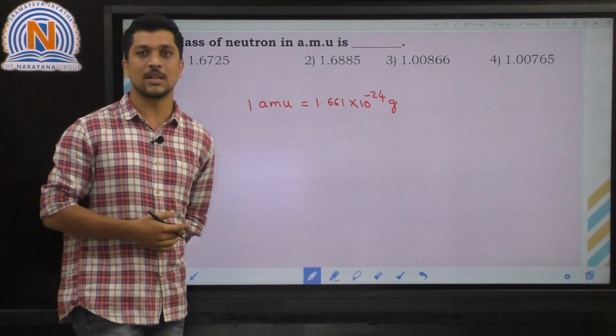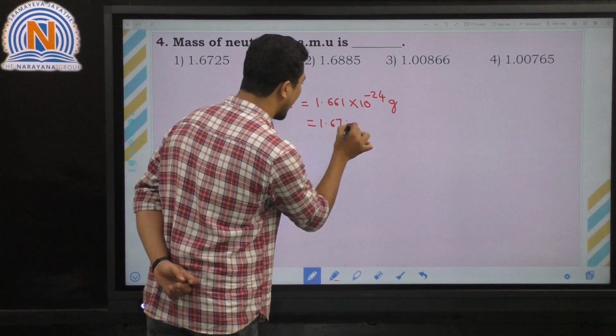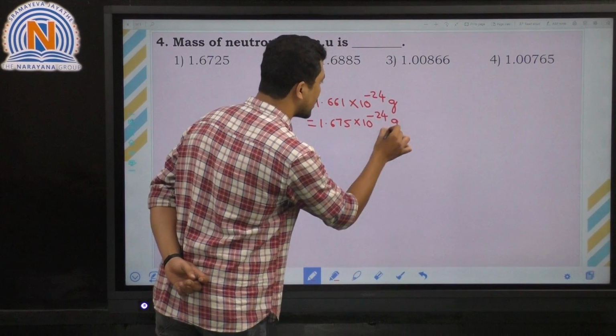We know that mass of the neutron in grams is 1.675 into 10 power minus 24 grams.